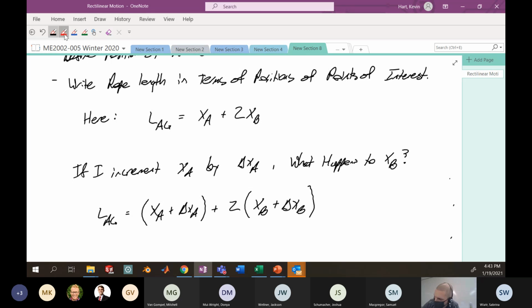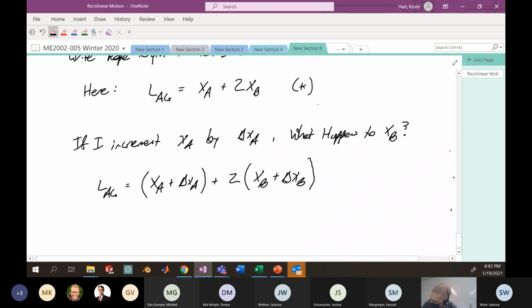I'm interested in the relationship between changing A and what happens to B. Well, my length of rope doesn't change. This LAG is going to be consistent, so I can equate my initial amount, XA plus 2XB, to this final amount, which is incremented by what I pulled in the direction of A.